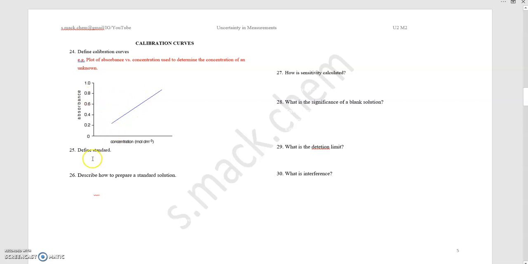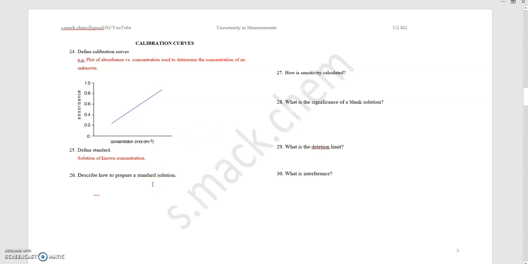This plot here is obtained from using something called a standard, where standard solutions are prepared beforehand, which are solutions of known concentrations, and the standard solutions contain the analyte which is found in the unknown. So these solutions whose concentrations are known and the absorbance can be determined can be used to create this calibration curve.